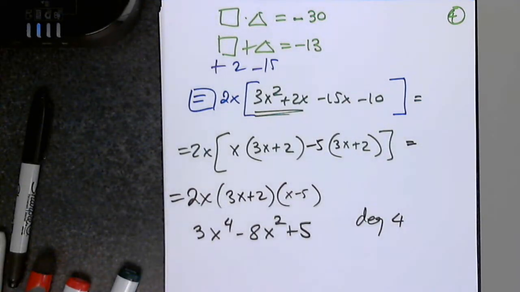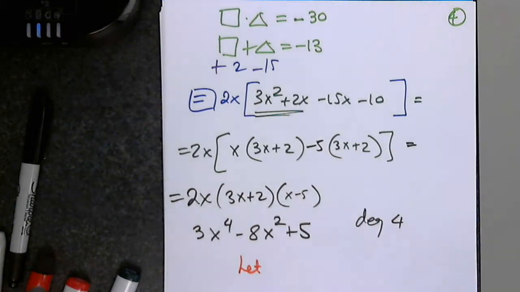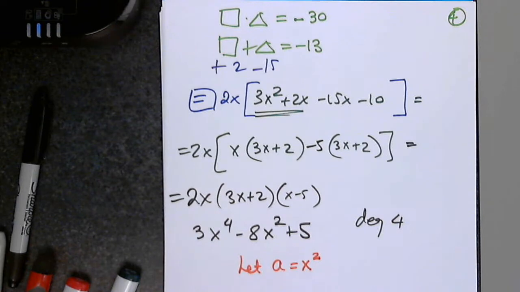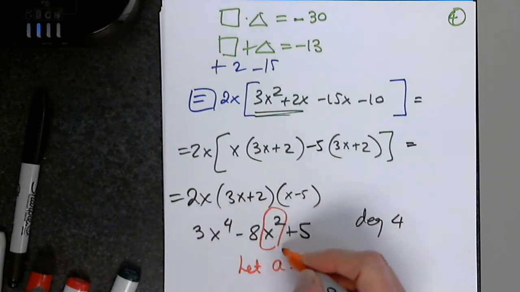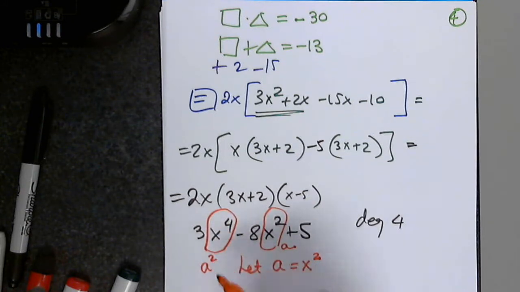Oh, okay. If it only has the even degrees, then what if I say, give me a letter, not x, any letter you want. You want a, perfect. I'm going to say let a be x squared. Only because I saw here degree 2 and I saw here degree 4. If I denote this by a, is there a chance that this will become a squared?